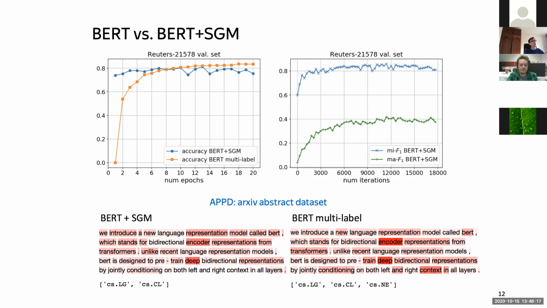However, in the multi-label case, and this was confirmed in the previous paper about that, BERT multi-label takes several dozens of epochs to converge.